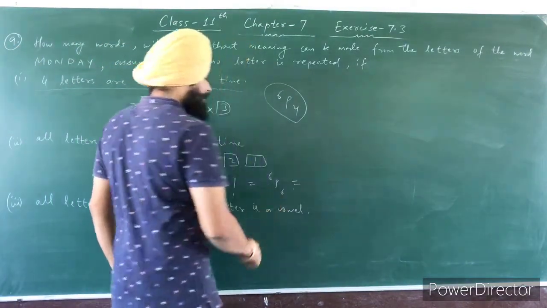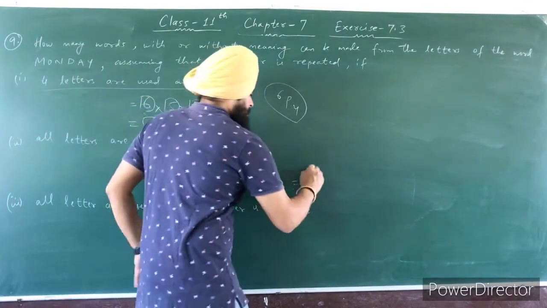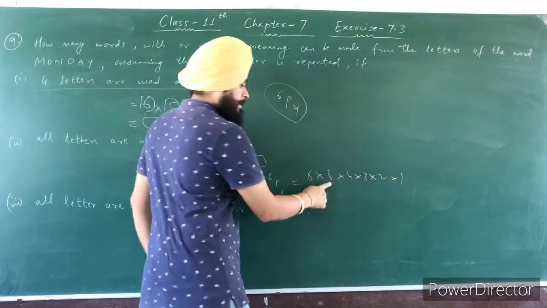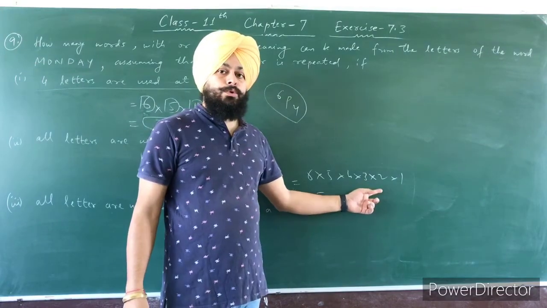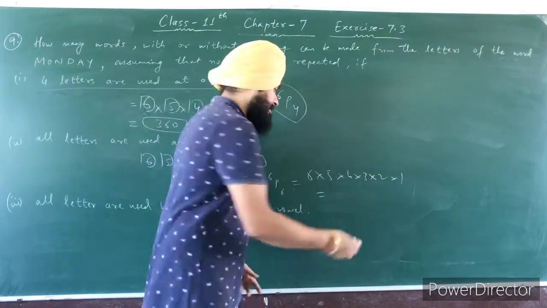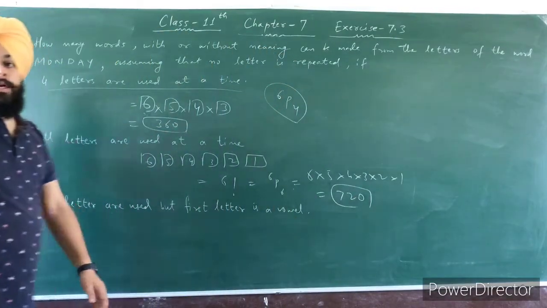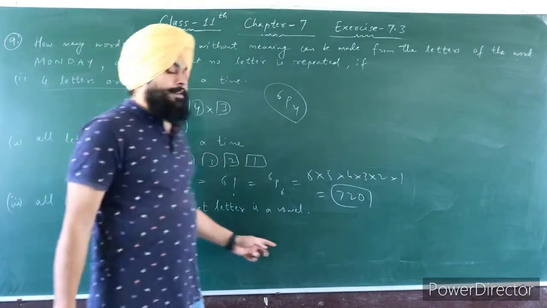So what is 6 factorial? 6 fives are 30, 30 times 4 is 120, times 3 is 360, times 2 is 720, times 1 is 720. So the answer is 720.